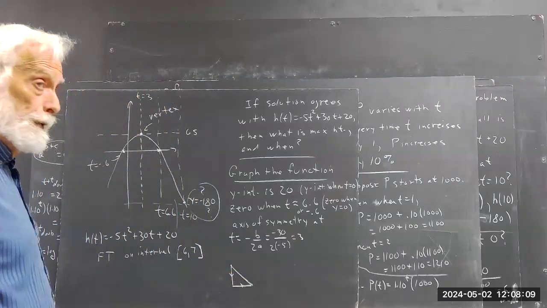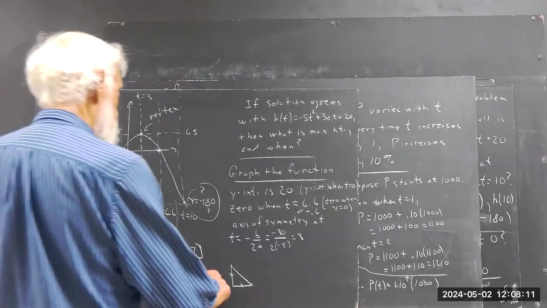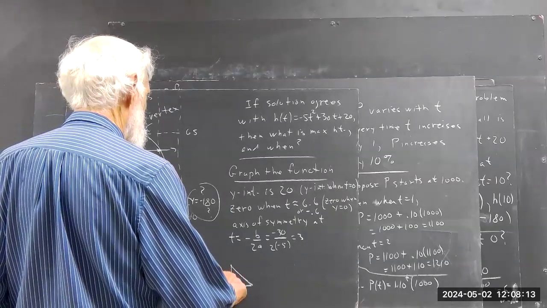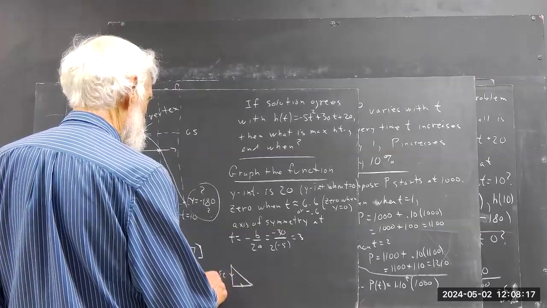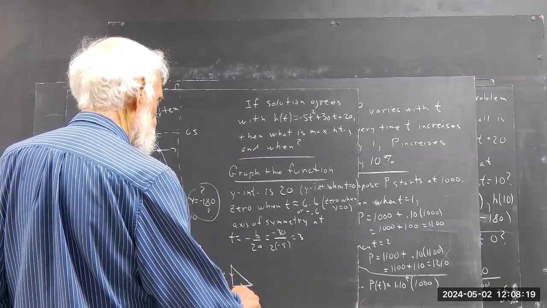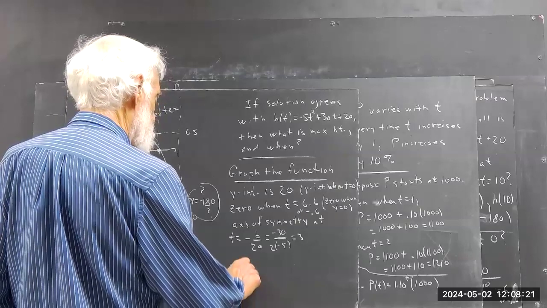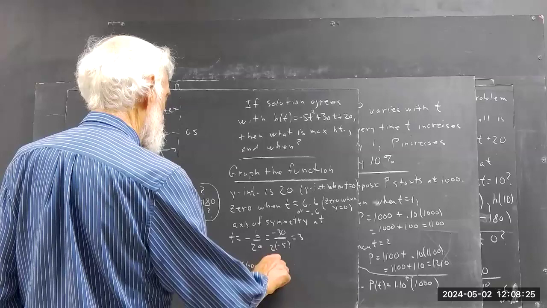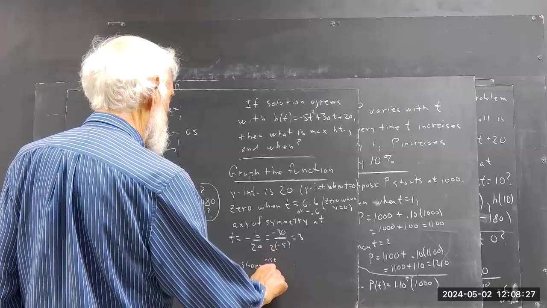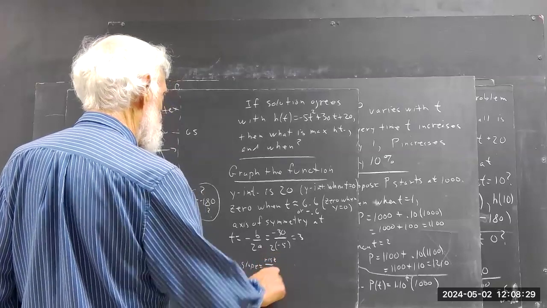Here's your fundamental triangle. You've got the rise, and you've got the run. And slope equals rise divided by run.